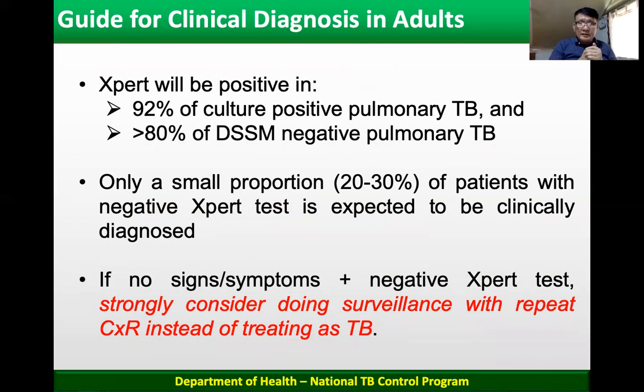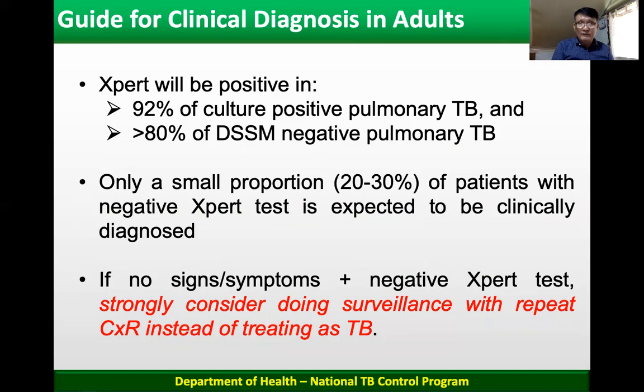We need to be informed that GeneXpert will be positive in 92% of culture positive pulmonary TB and more than 80% of DSSM negative pulmonary TB. So only a small proportion, that is 20-30% of patients with negative Xpert test, is expected to be clinically diagnosed.